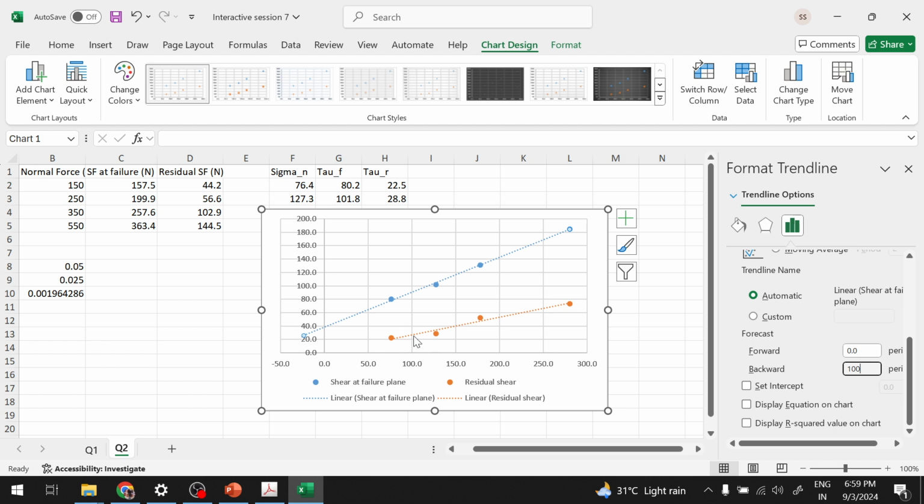Okay, that is better. And let's forecast this backwards again.